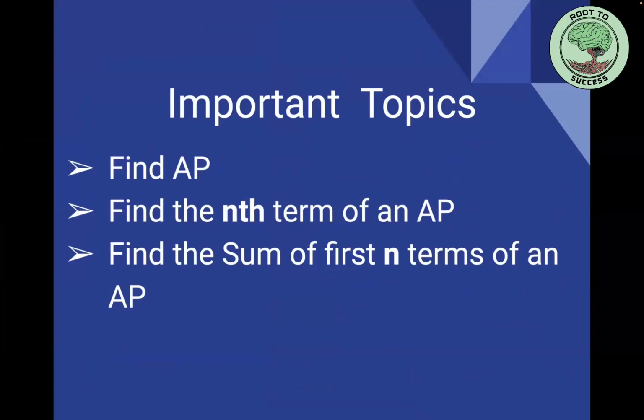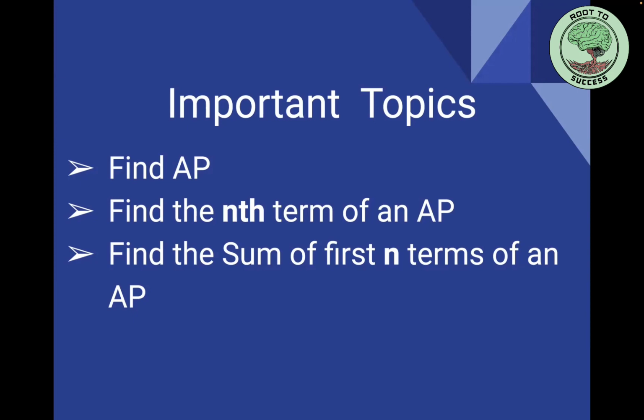So now let's see the important topics in this chapter. The three main important topics in this chapter are finding an arithmetic progression, finding the nth term of an arithmetic progression, and finding the sum of first n terms of an arithmetic progression. Finding an arithmetic progression will be for 1 mark.